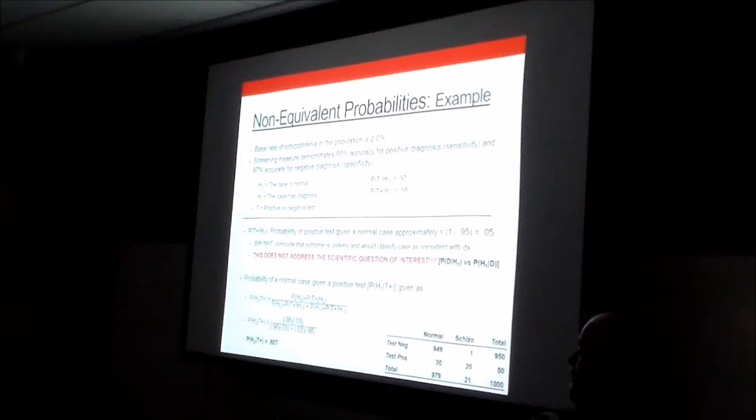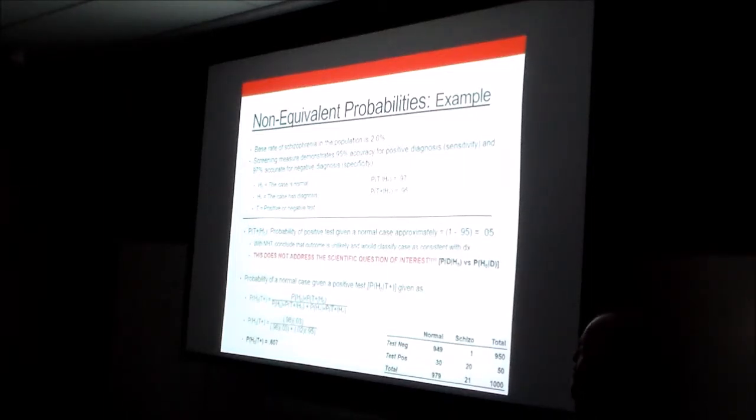Yeah, right here, right? What our sensitivity is telling us is that if we take the true positives that we got and divide by the total cases of schizophrenia, we do pretty good. That's 95%. We also do pretty good if we take all of the normal cases that tested negative and divide, we're doing pretty good, okay?